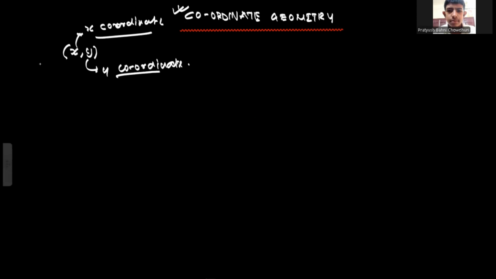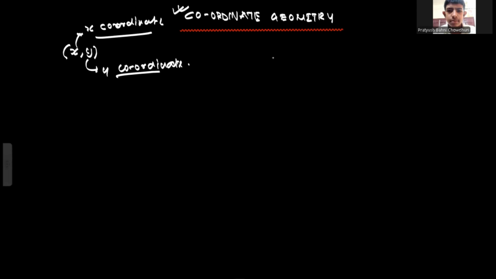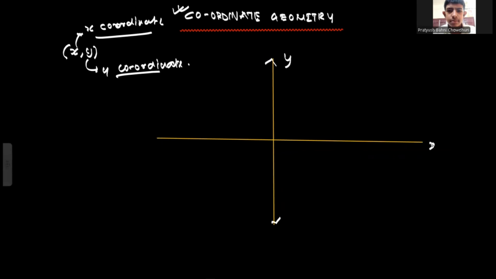We also know about straight lines and a graph. This is the y-axis, this is the x-axis. We know this is called the first quadrant, second quadrant, third quadrant, and fourth quadrant.